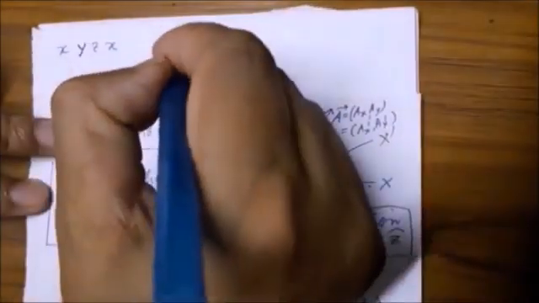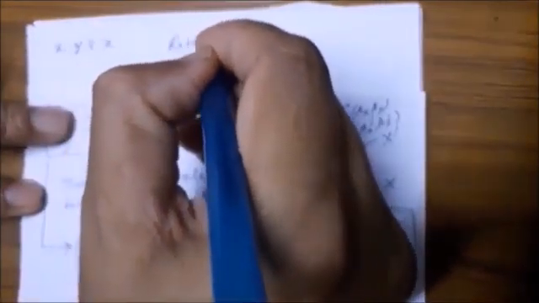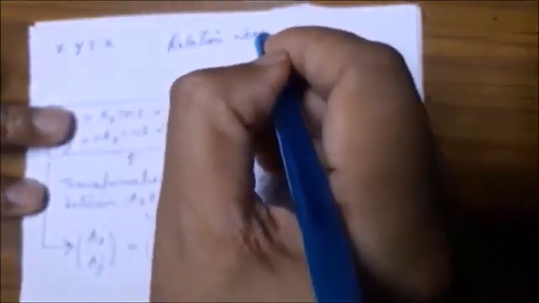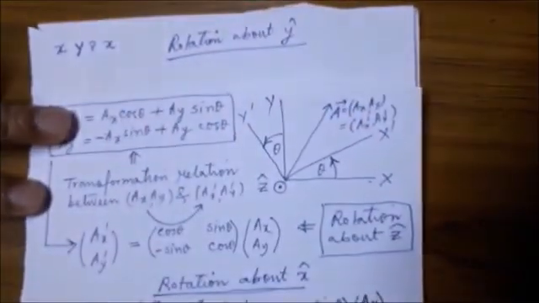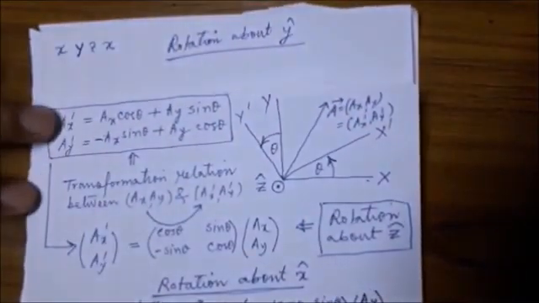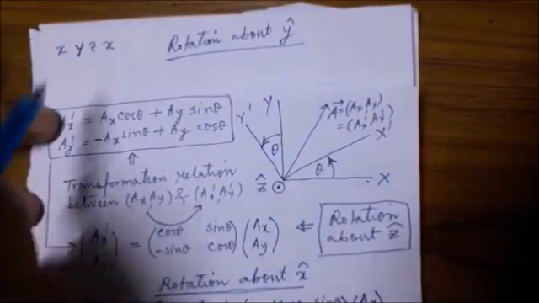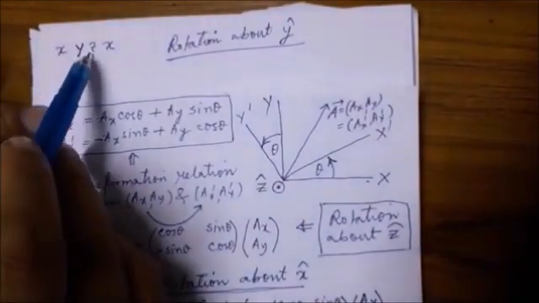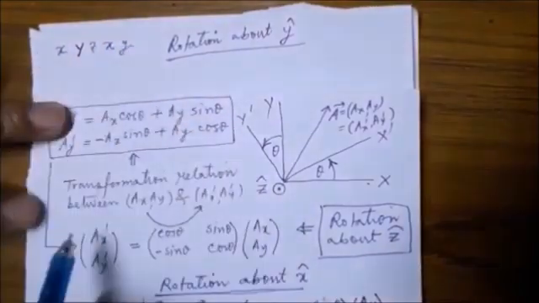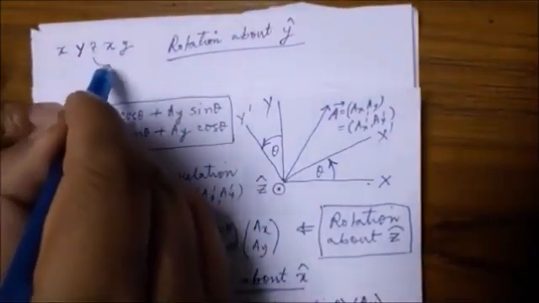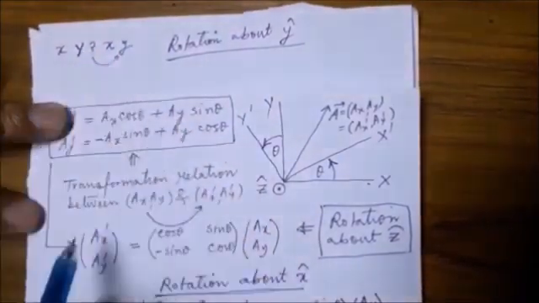The task is to find rotation about y axis. Now how do we arrive at y starting from z? So after x comes y, so it is a two-step jump.